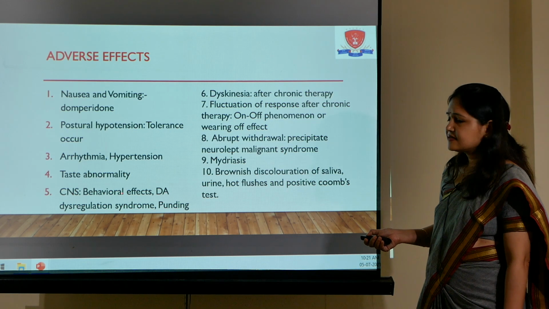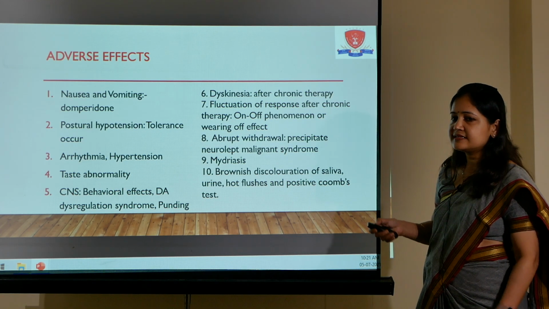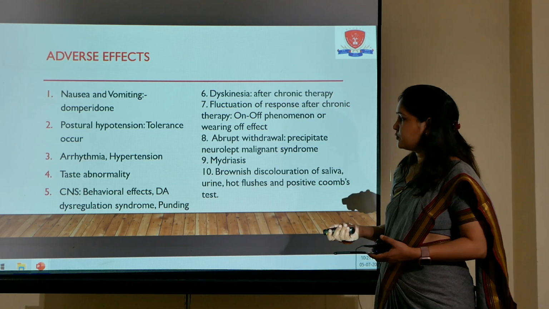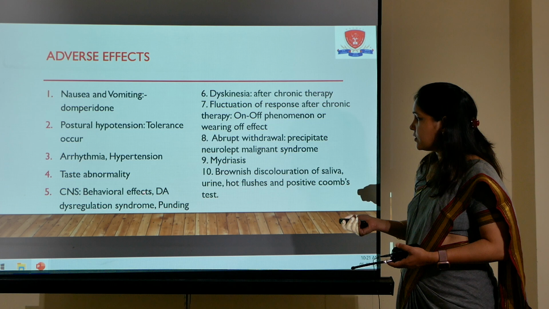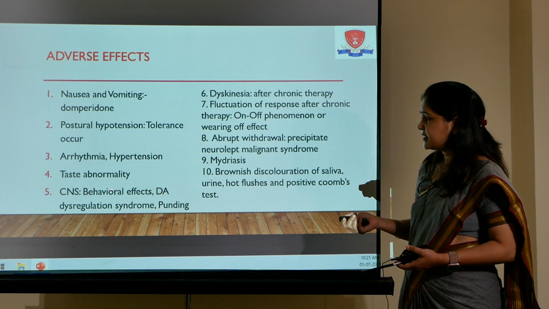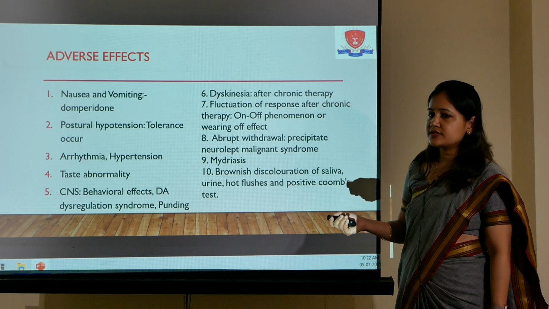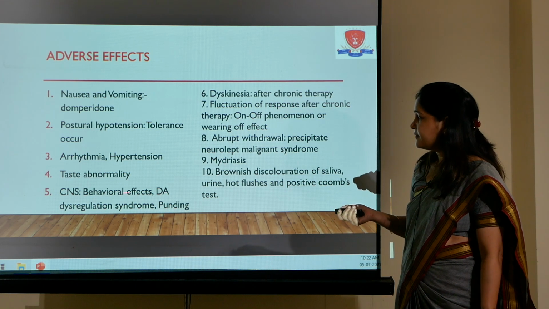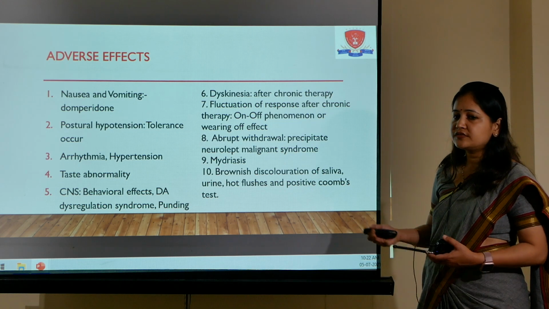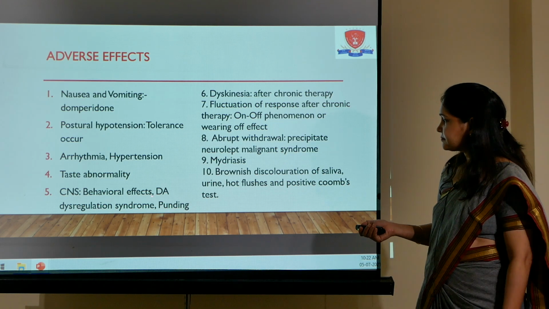In the CNS, behavioral and psychotic effects may occur because of an increase in dopaminergic activity. There could be agitation, anxiety and so on. Behavioral effects and psychotic hallucinations, all these side effects may occur. Then dopamine dysregulation syndrome can also occur, in which the patient may have a tendency to take more of the levodopa or more of the drug.